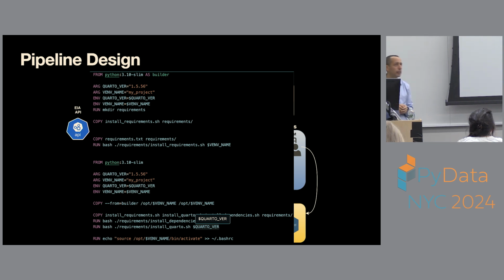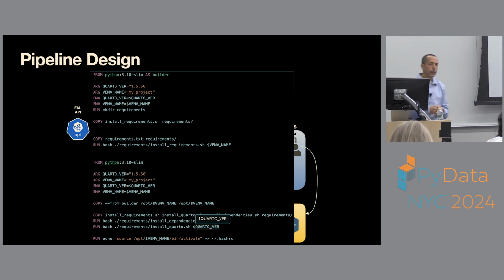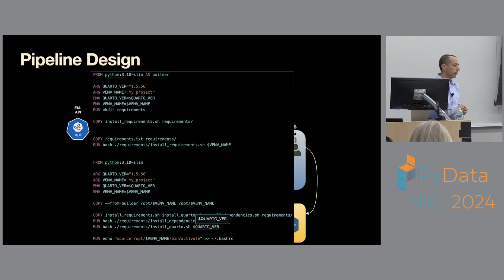I did an experiment on Python. I have an article about it that showed a reduction from the baseline image of a few gigabytes.